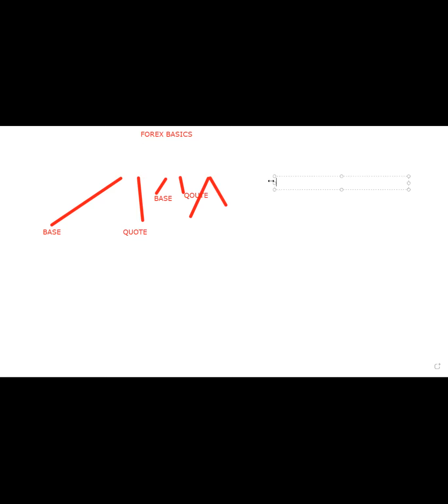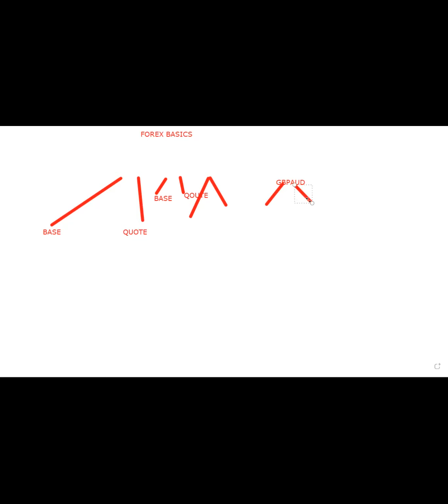Okay, let me give you another transaction now. I wrote GBP AUD. In this GBP AUD, is AUD the base or the quote? AUD is the quote, GBP is the base. Exactly. So it doesn't matter whether it was a base in a previous transaction or not, as long as you see it as the second, anything that comes second is the quote. That's the number one rule.